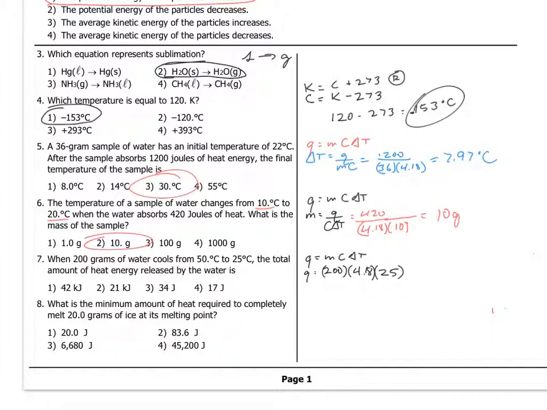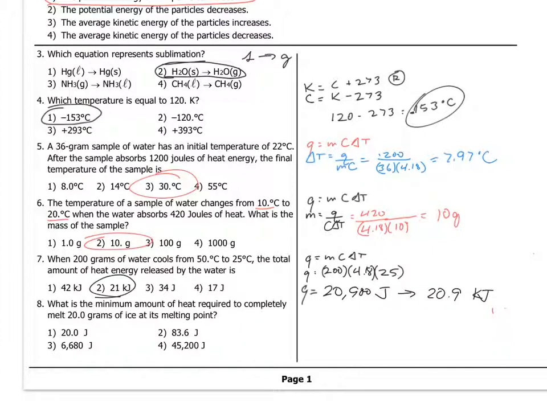And we'll just need to find the product of those numbers. And I got a value of 20,900 joules. This could be represented in kilojoules, and that would just mean dividing it by 1,000. So 20.9 kilojoules could be rounded to 21 kilojoules. So I'm going to go with choice 2.